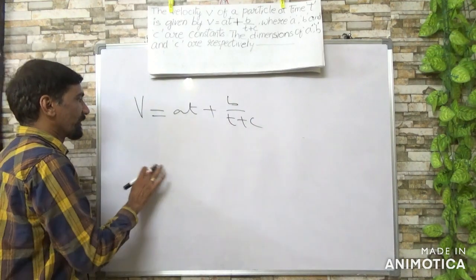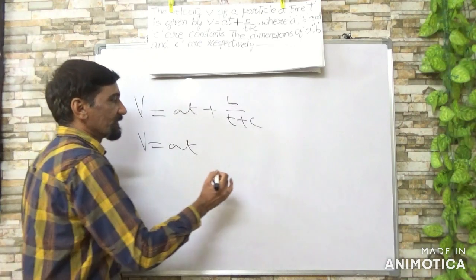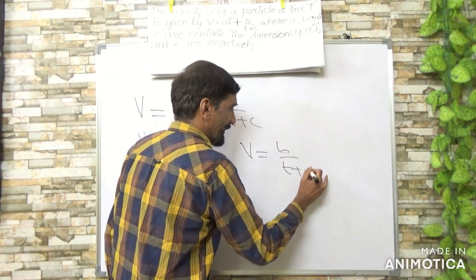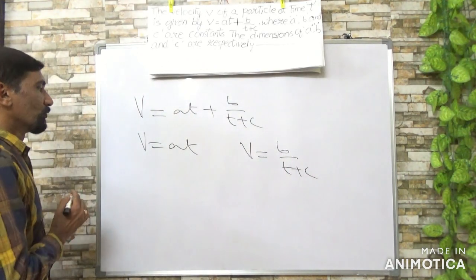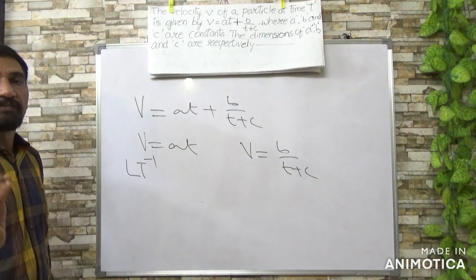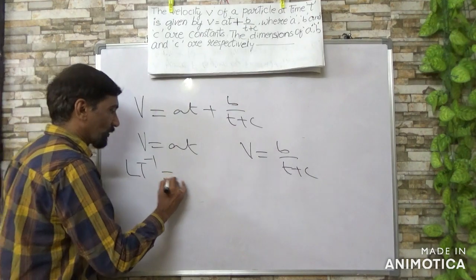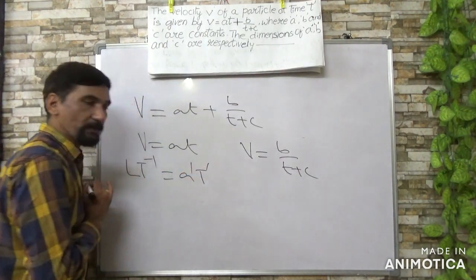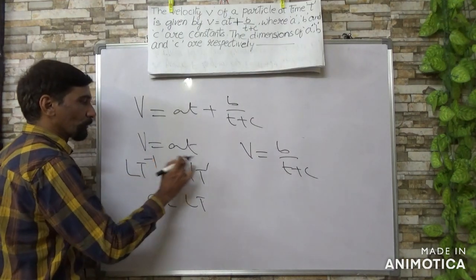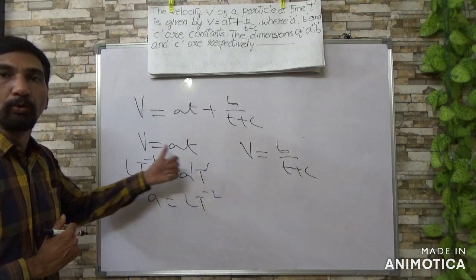So that is why we equated to first AT, next V equal to B by T plus C, right? Now about velocity, dimensional formula for velocity is LT inverse, which is equal to A into T, right? So A equal to LT to the power of minus 2, that is by sending this T to other side.